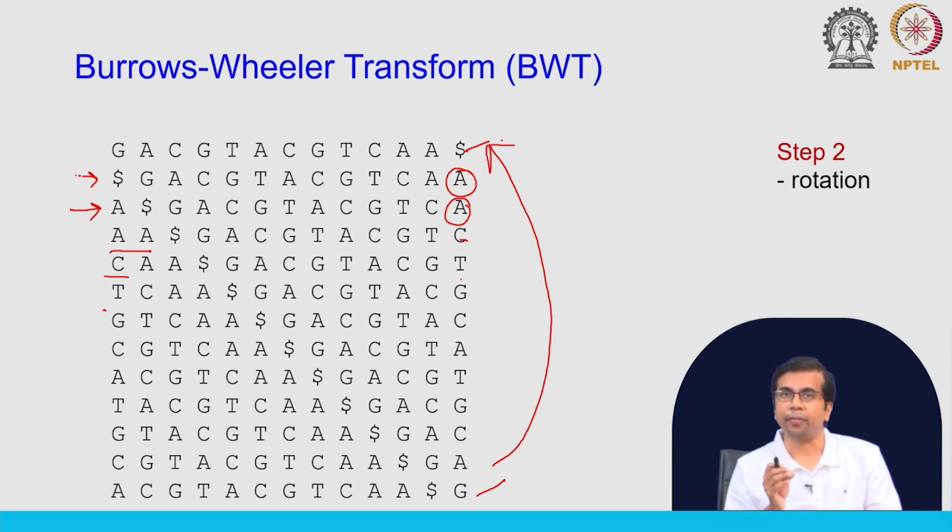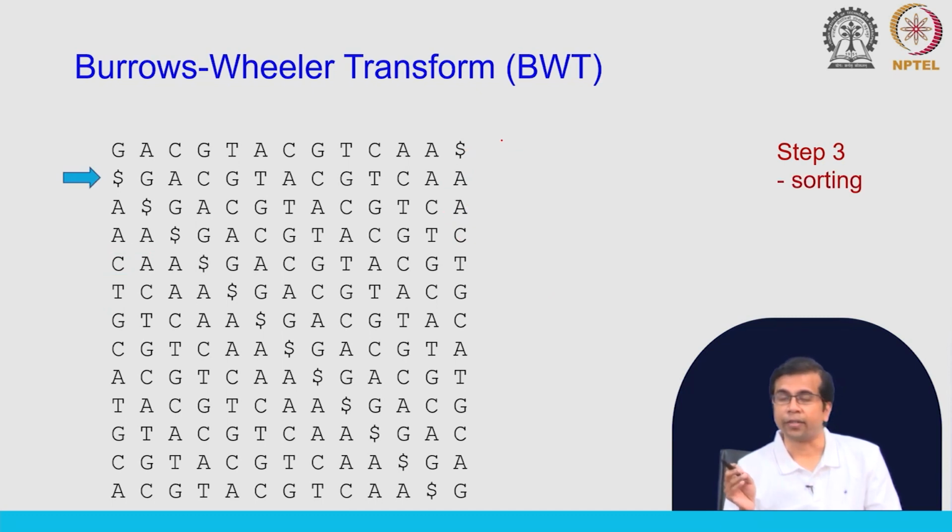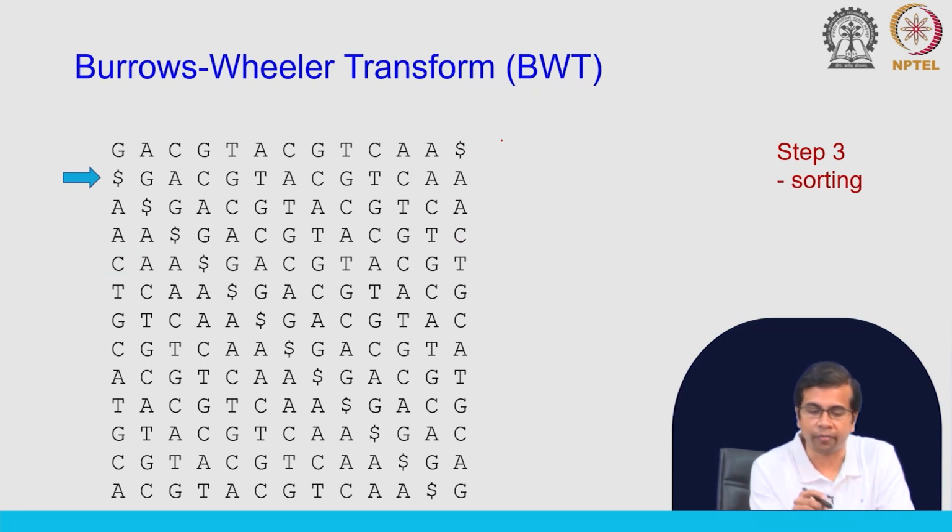Once we have generated these rotations, we take the original string and the rotations and we do the sorting. Here we go to the sorting step. Please have a look carefully, which one would be the first one?